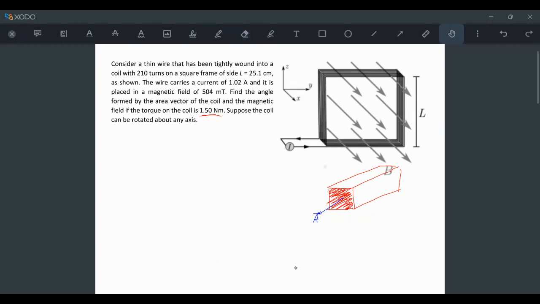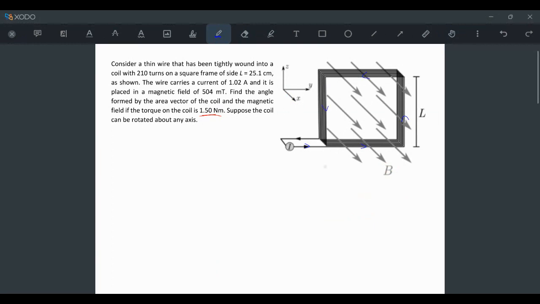And usually when you're dealing with topics of magnetism, we choose the direction of the area vector to correspond to the direction of current flowing through the loop. In this case, as we can see, current is flowing through the loop like this, because we have this first arrow here.